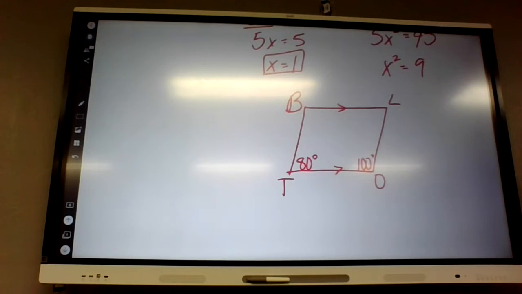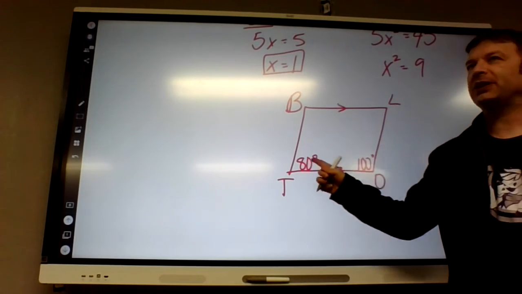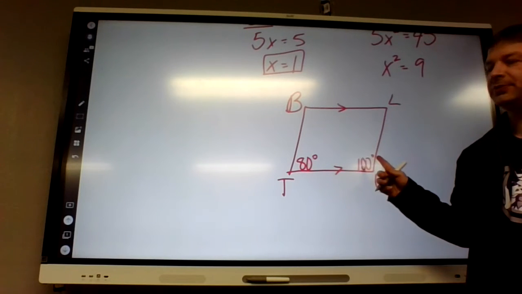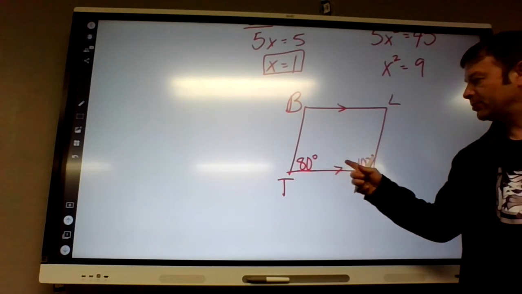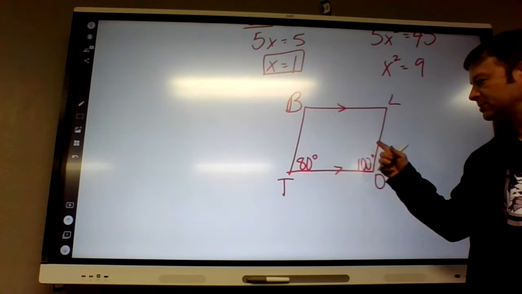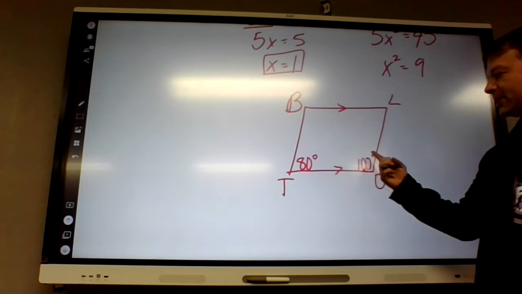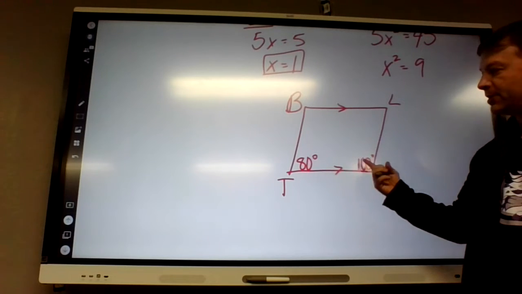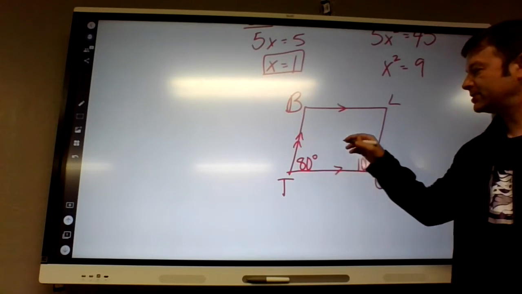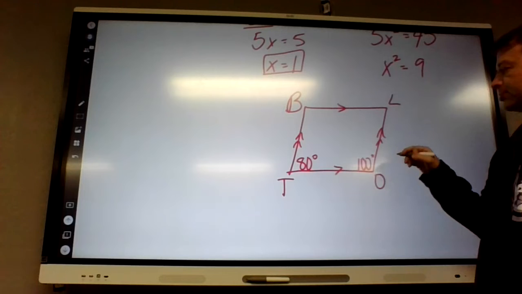If those two angles are 80 and 100, we kind of talked about this once. What does this imply? If same side interiors are supplementary, which they are, the lines that they're interior to must be parallel.